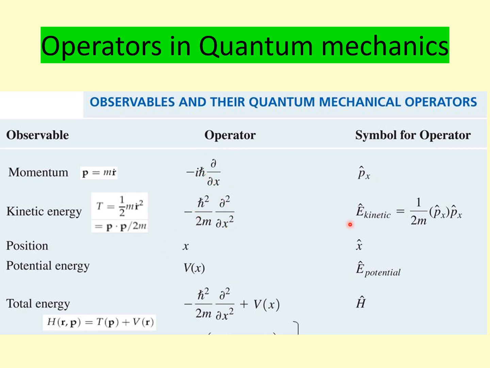Also there is the kinetic energy operator, minus ħ²/2m ∂²/∂x². And one more important operator is the energy operator or Hamiltonian operator, H cap, equal to minus ħ²/2m ∂²/∂x² plus V. So this is kinetic energy plus potential energy.